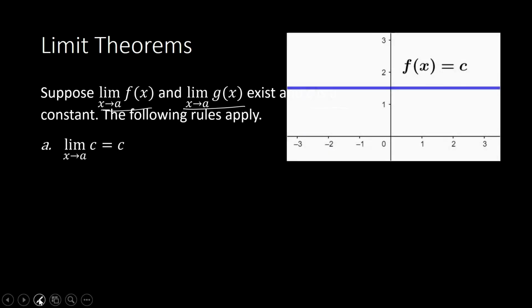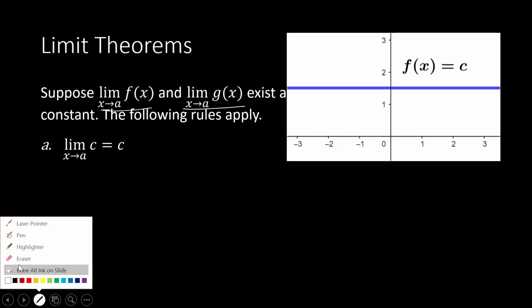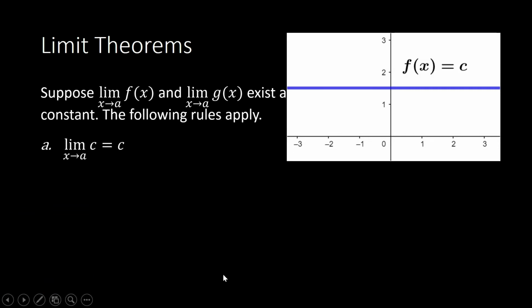Now, why is that so? Well, you can look at c as a constant function, f of x is equal to c. Suppose, for example, our c here is 1.5. So what is the limit of 1.5 when x approaches 2?